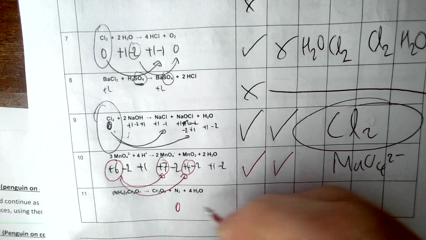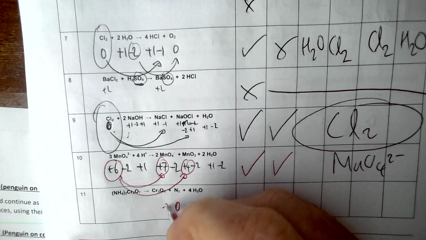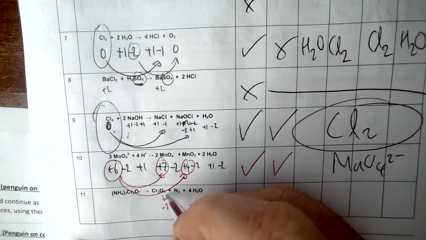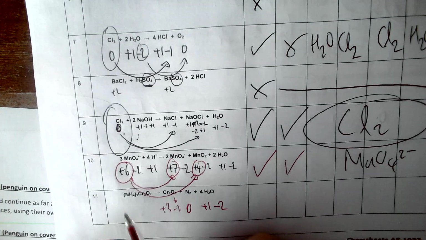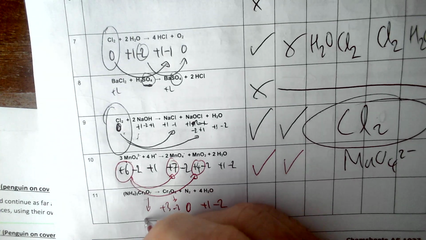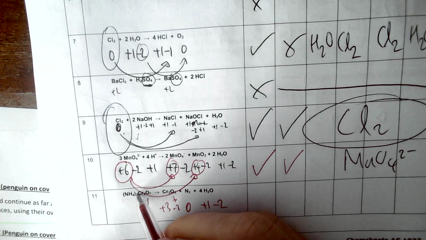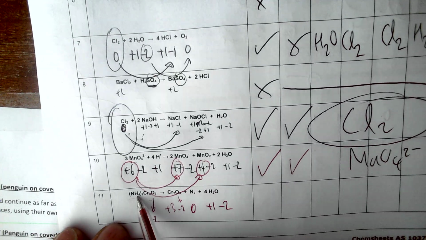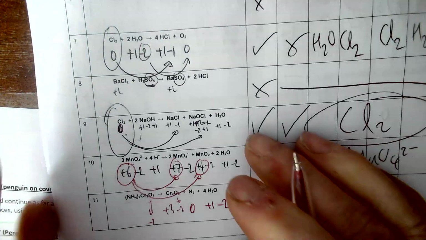Nitrogen, 0, hydrogen +1, oxygen -2. Chromium, oxygen in there, -2, chromium, +3. Over this side then, oxygen, -2. Right, chromium here. Now I'm going to delve into this a little bit more. I recognise this NH4 as being the ammonium ion.